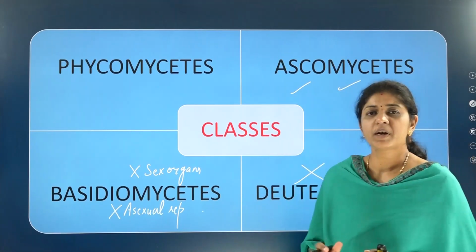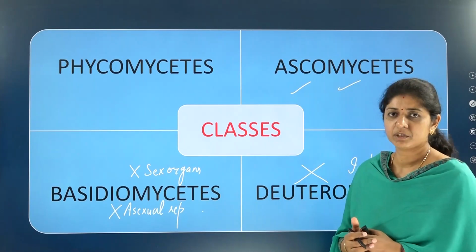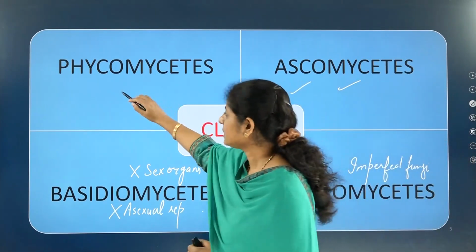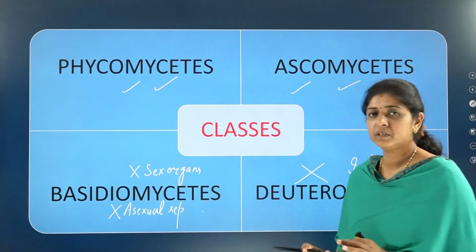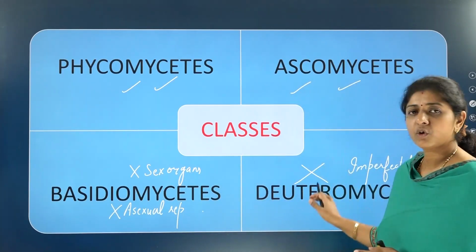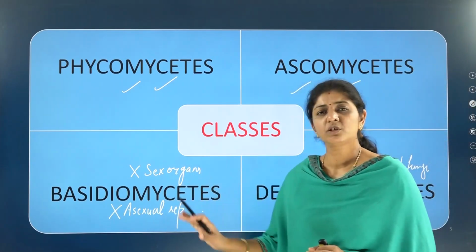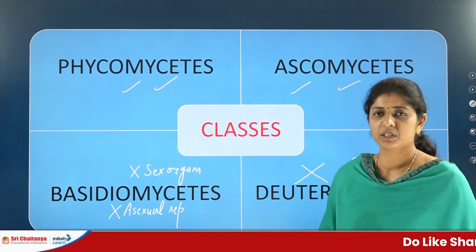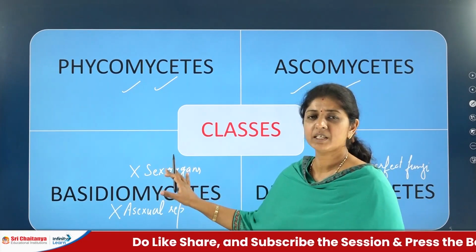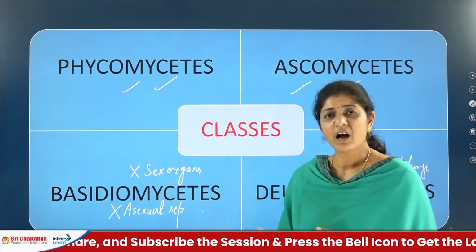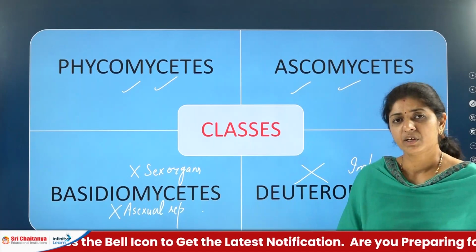Ascomycetes will show both sexual as well as asexual means of reproduction, right? But do remember that Deuteromycetes will not show sexual reproduction, whereas Basidiomycetes will not show asexual reproduction. There is no sex organ formation there, although it is reproducing by sexual means. How that comes about, we have to discuss through the detailed diagrams, right?